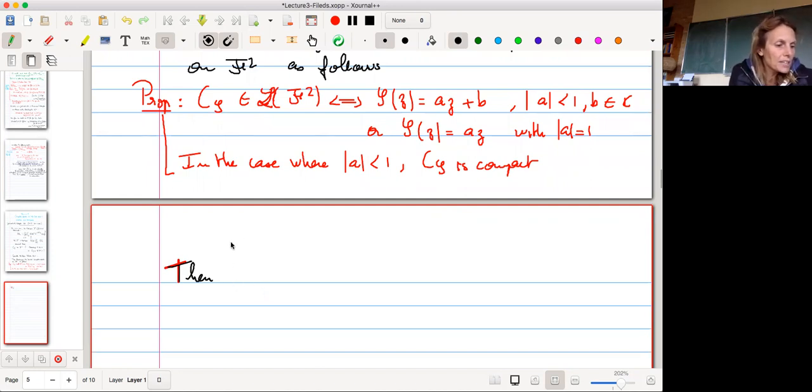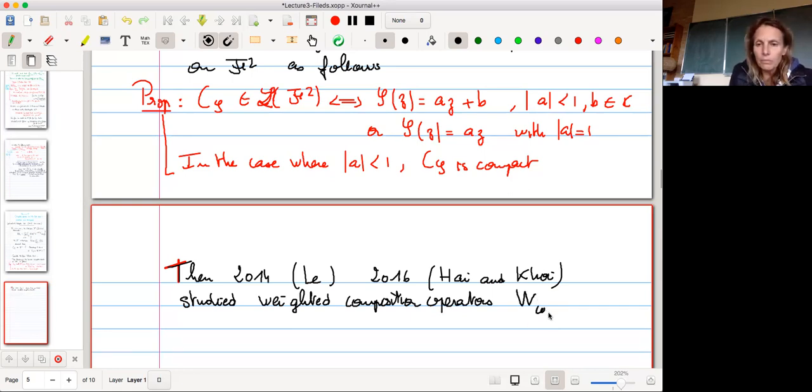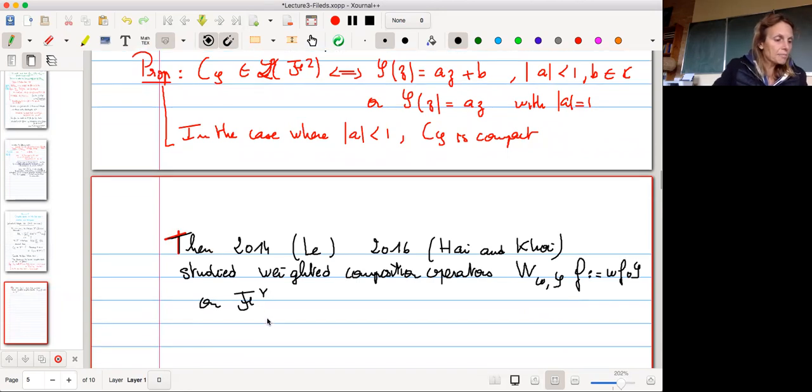Then other people studied this subject. For example, in 2014, Le, and in 2016, Ueki and Coy, studied weighted composition operators W defined by Wf equals weight times f composed with phi on the general Fock spaces.